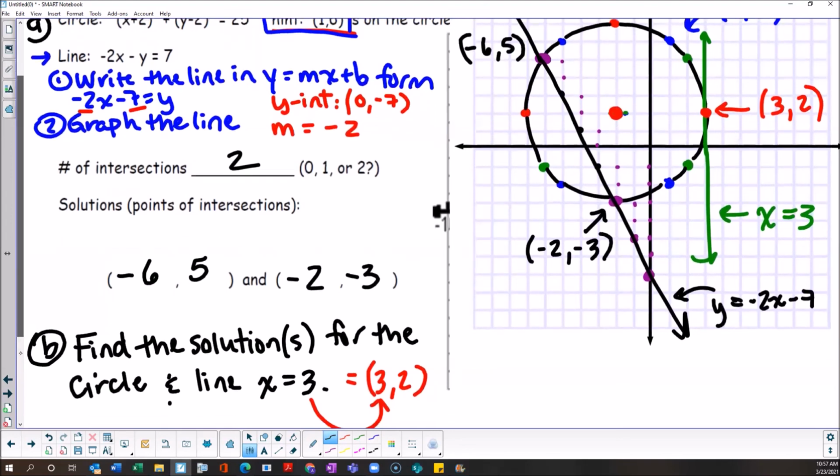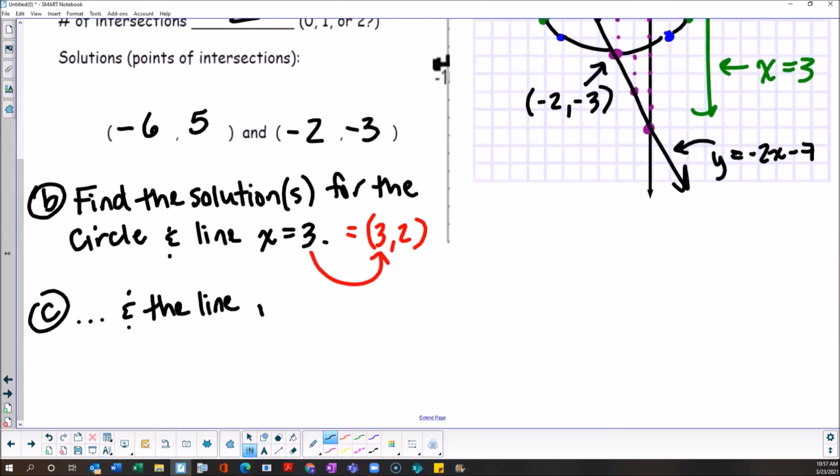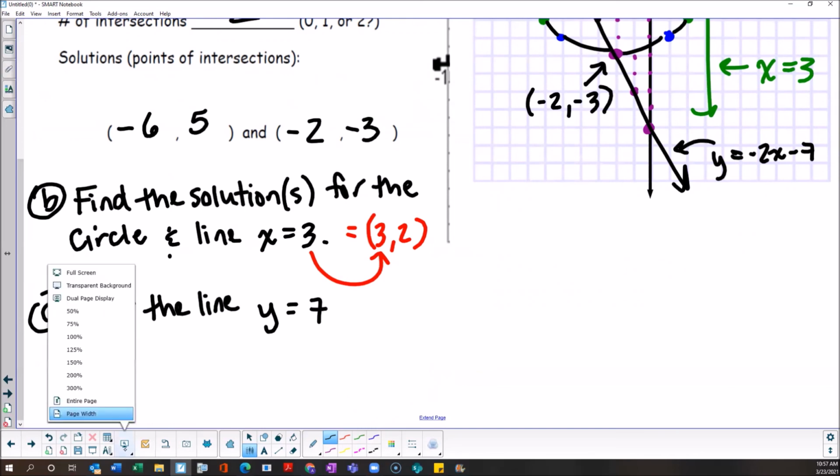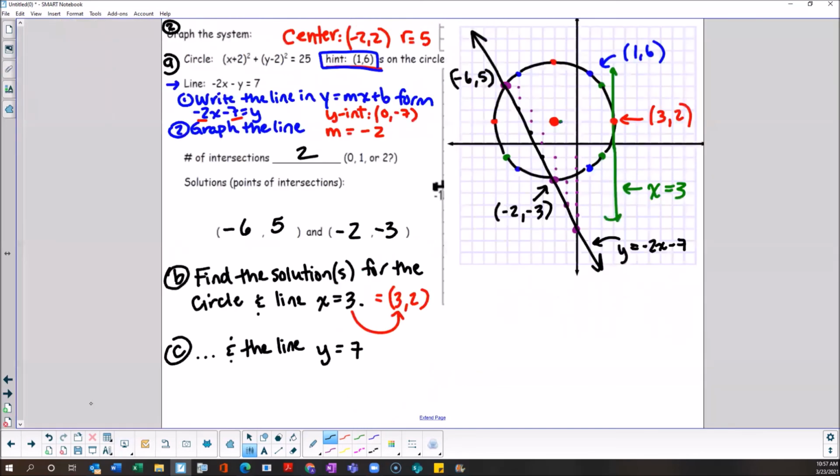Okay, sorry, I had to check my graph here. The line y equals 7. Same circle, line y equals 7. Let's get the whole graph. So first I want to graph the line y equals 7. What's that going to look like? Flat line, right? All right, so 7. 1, 2, 3, 4, 5, 6, 7. Here.